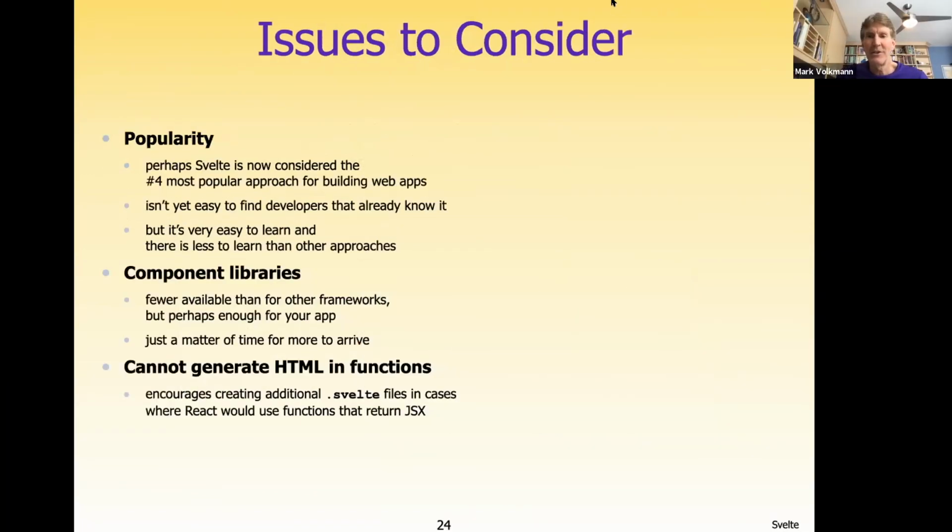Oh, here's another question. Are there any impacts on search engine optimization? So remember near the beginning when I was talking about some benefits of SvelteKit, I said that if you want, you can tell SvelteKit to generate a static version of your app where the HTML is generated ahead of time. And so that can be good for search engine optimization or SEO.